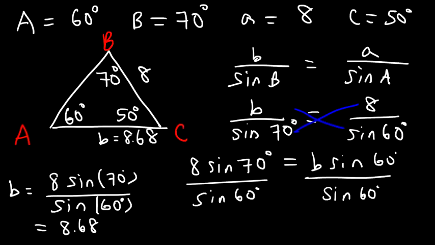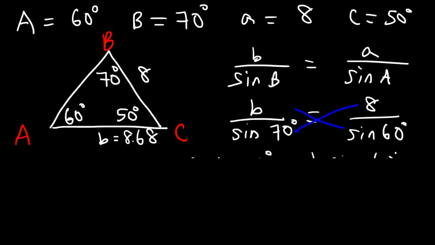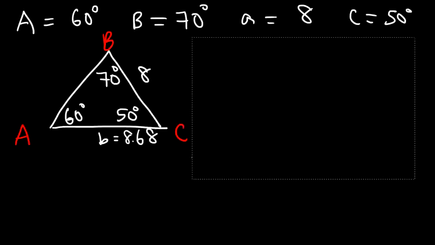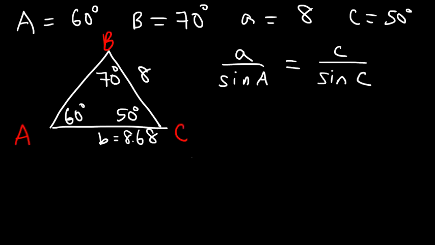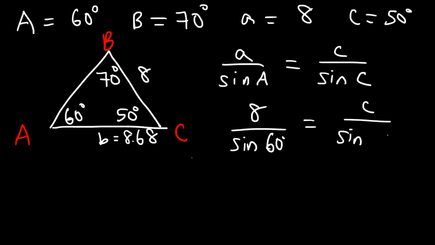Now let's go ahead and calculate the value of C. So we're going to use this equation: A over sine A is equal to C divided by sine C. We don't need B in this example. Side A is 8 divided by sine of angle A, which is 60. We're looking for C, and angle C is 50. So once again, let's cross multiply.